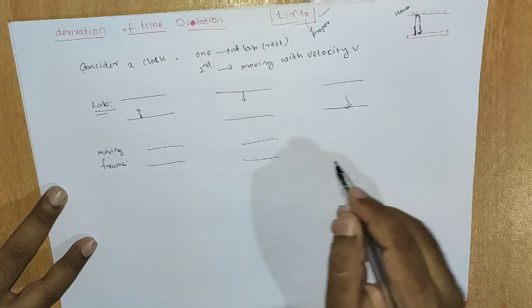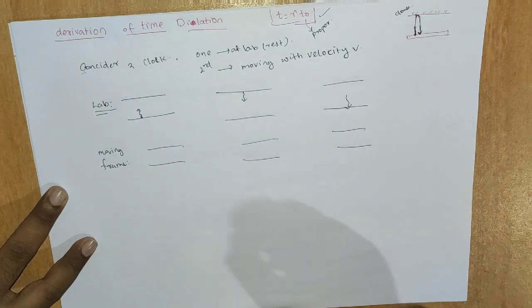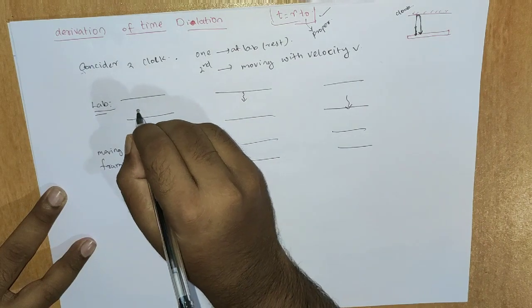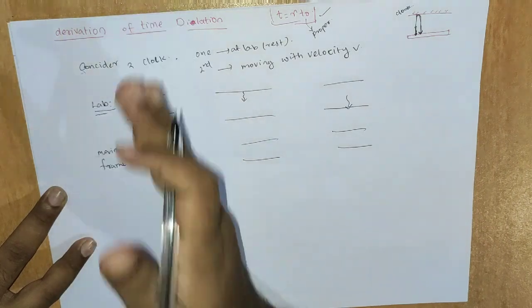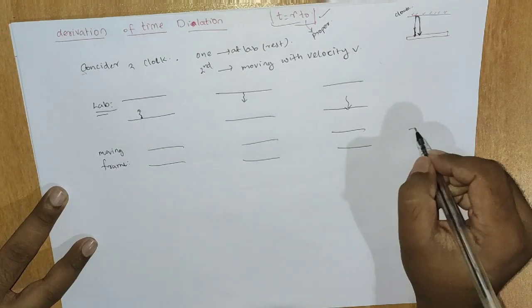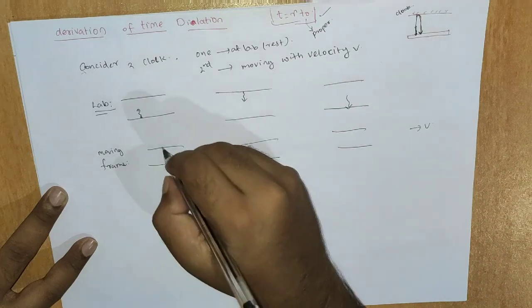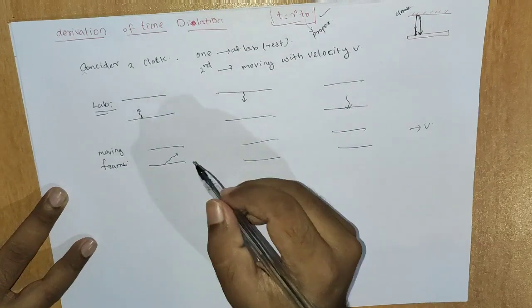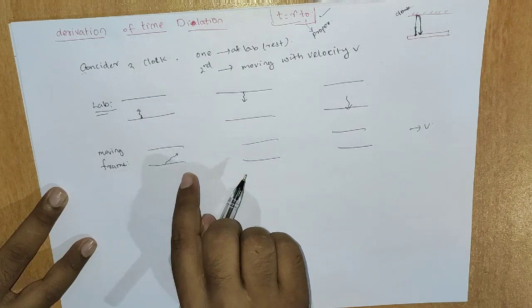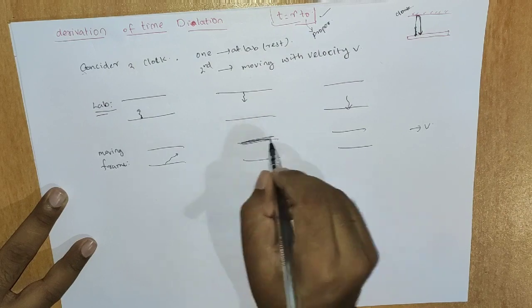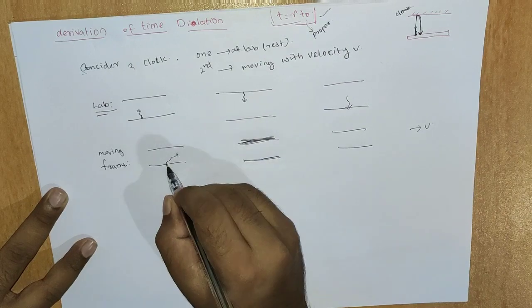Similarly, three figure. Okay, when it is at rest, the light pulse goes vertically straight, but when it's moving, it will not go like this. It will go in a slightly bent direction, and this figure is not that clear.